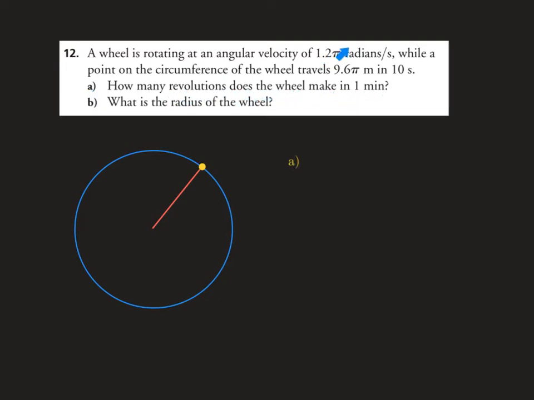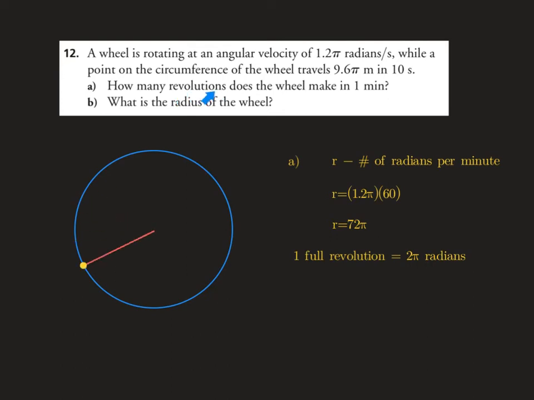Well, we already know how many radians it travels per second. So in a minute, it's going to travel that many radians times 60. So 1.2 pi times 60 is 72 pi. Now that's how many radians it travels. I know that one rotation, one revolution, is 2 pi.